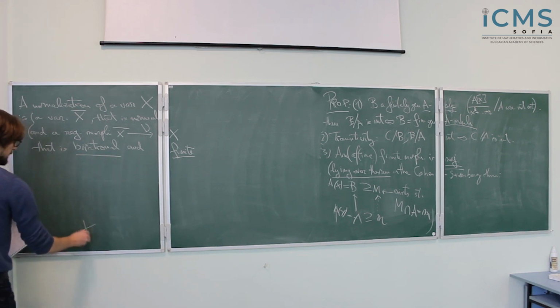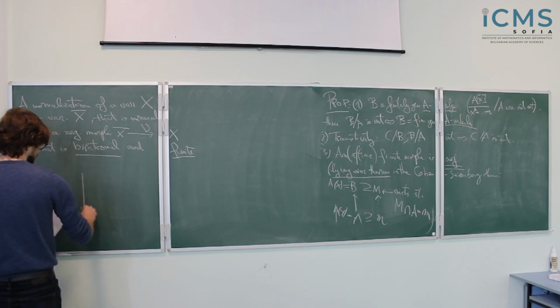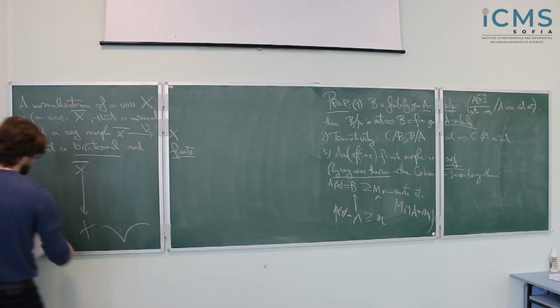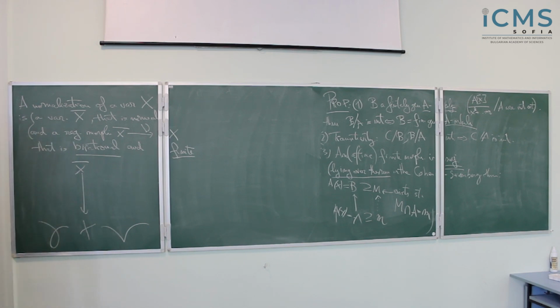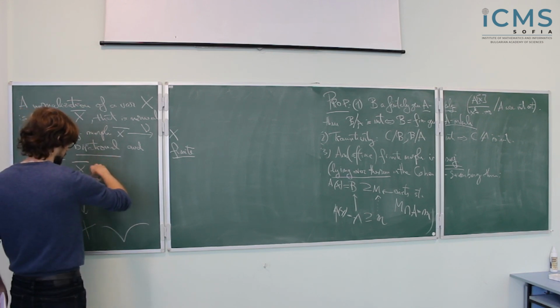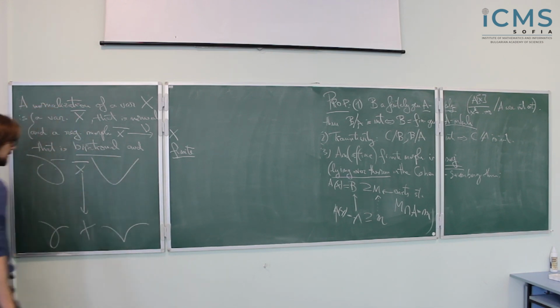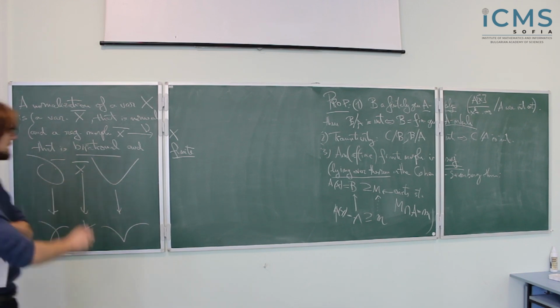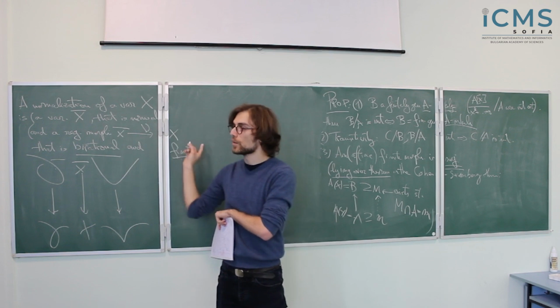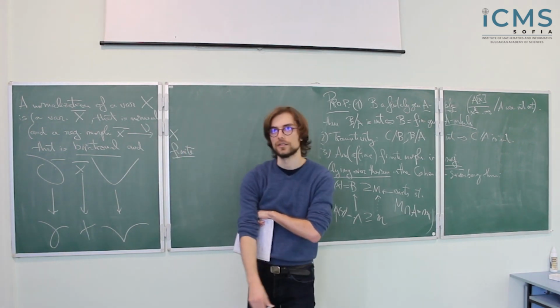So we have X here, and we want to find a normalization above. Something will be singular here, and the normalization is supposed to be a resolution of these things. Now, birational just means that nu induces an isomorphism between the function fields.